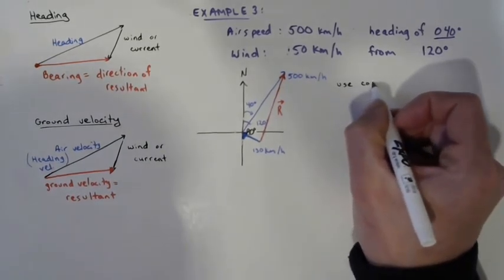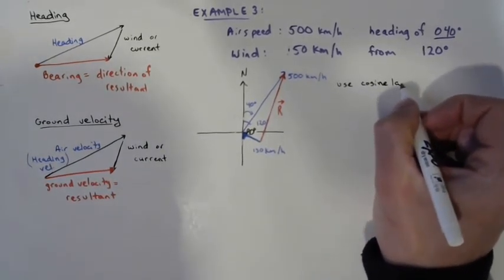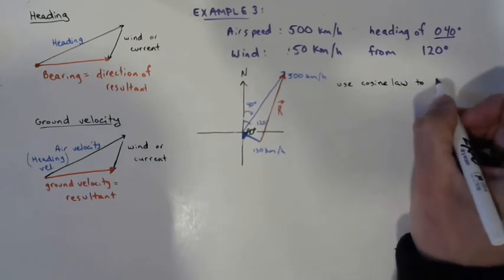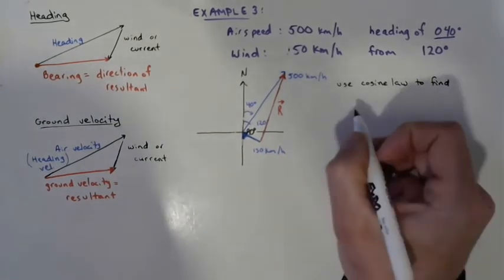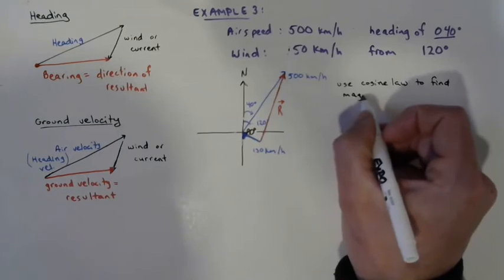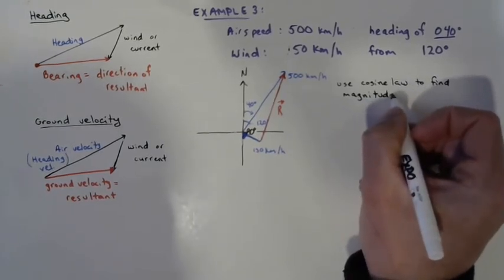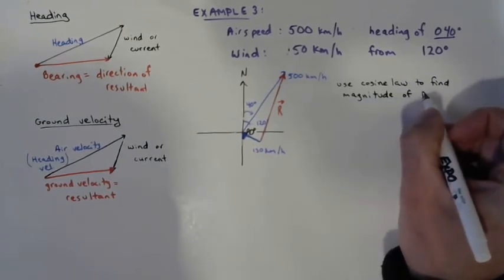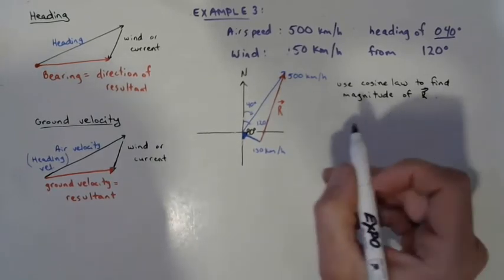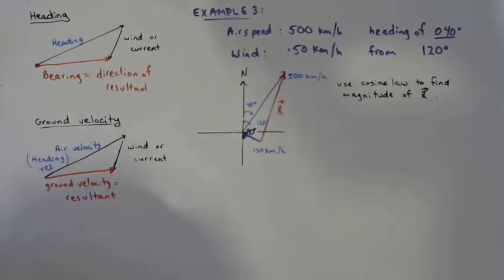Use cosine law to find the magnitude of r. All right, that looks like this.